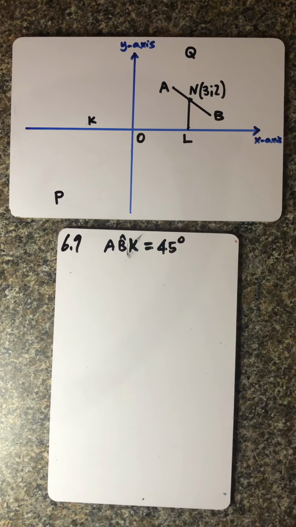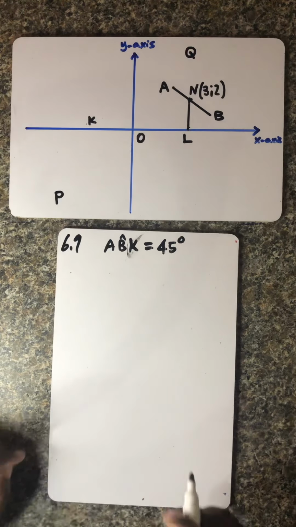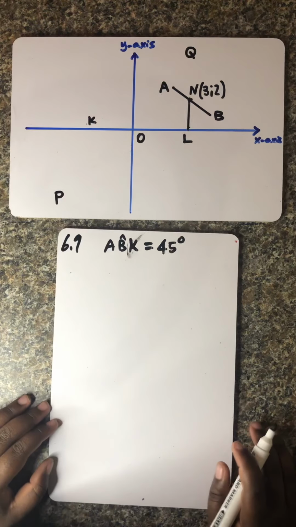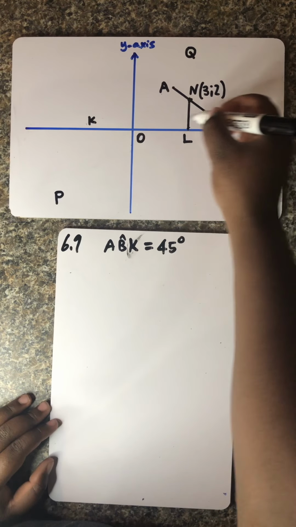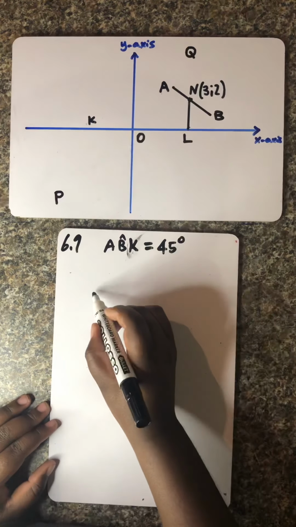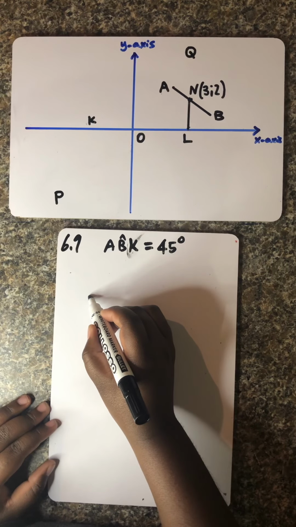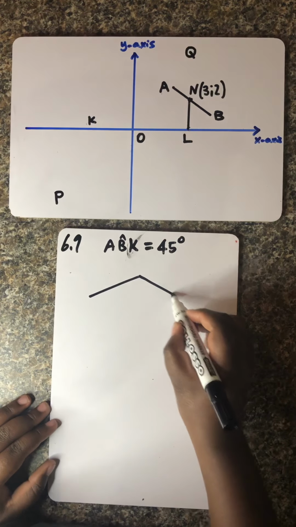I like drawing so that it's easy to understand. So there's A, there's B, and there's K. We've got something like that, ladies and gentlemen.